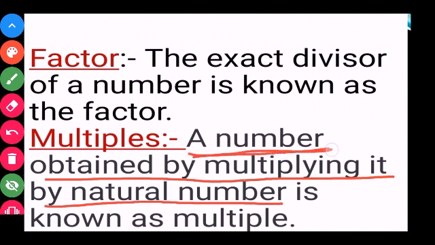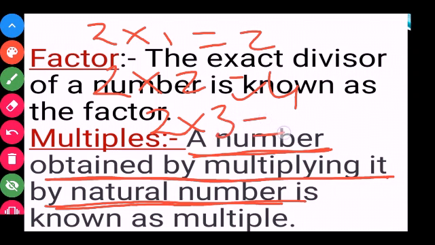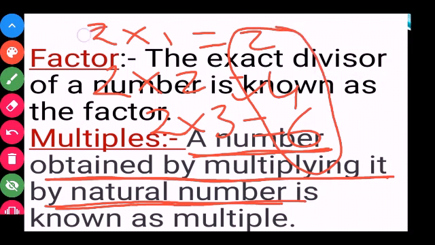For example, when you multiply 2 by 1, you get 2. When you multiply 2 by 2, you get 4. When you multiply 2 into 3, you get 6. So here 2, 4 and 6 are multiples of 2.